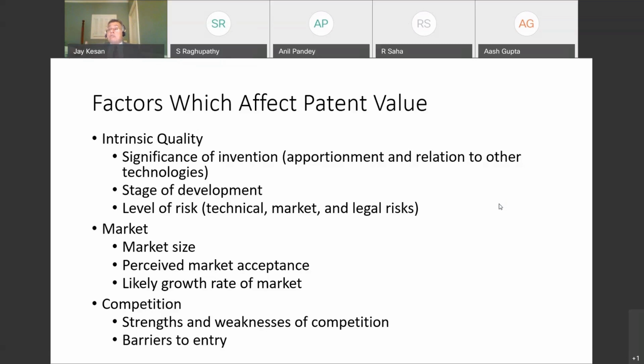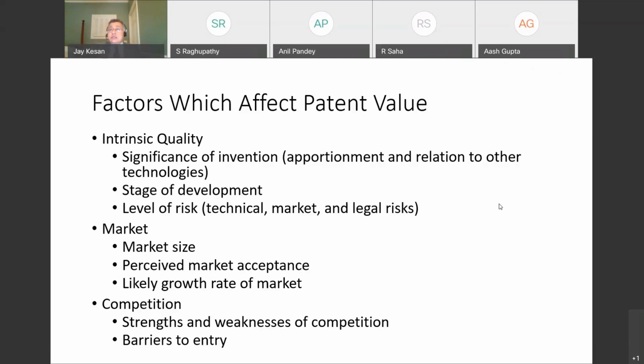Another factor that affects patent value is the amount of competition that you have in that sector, meaning how many other people are developing technologies in the same space, and what about their patented formulations?